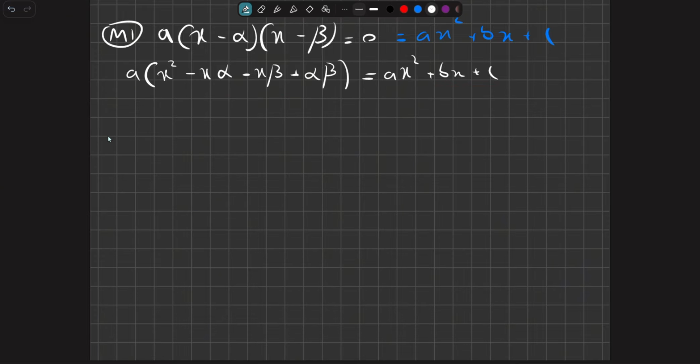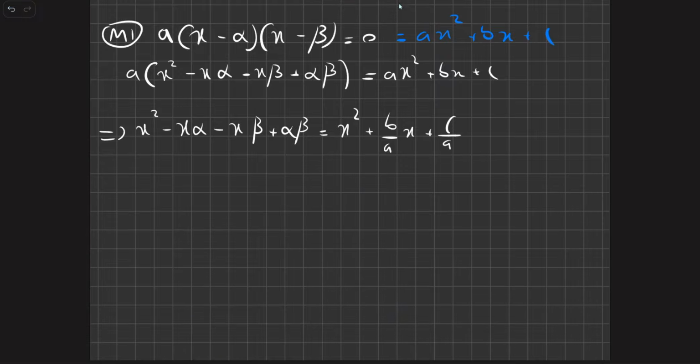Here we get x squared minus x times alpha minus x times beta plus alpha beta equals x squared plus b over a x plus c over a. Notice how we're getting to the coefficients and the roots easier now.